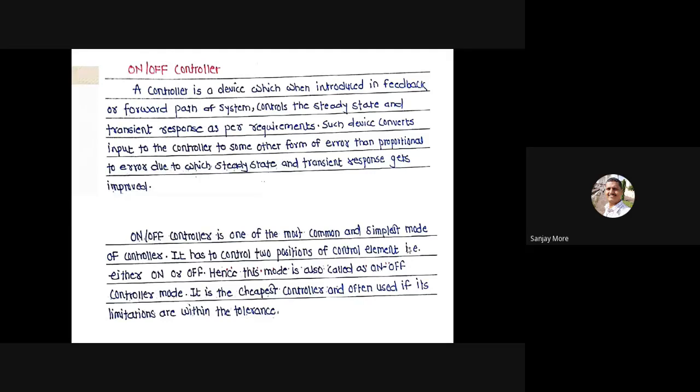The next para, write down: on off controller is one of the most common and simplest modes of controller. Full stop. It has to control two positions of the control element, that is either on or off.